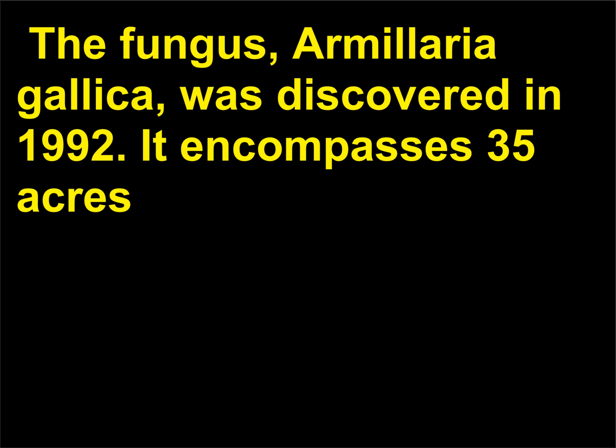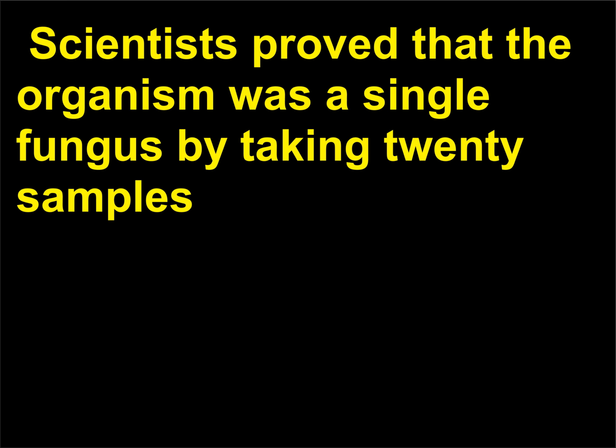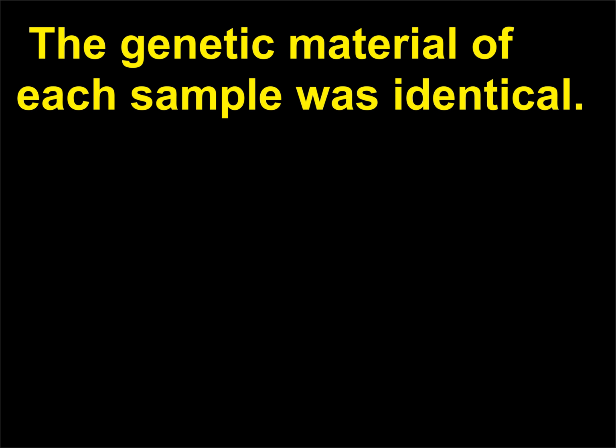It encompasses 35 acres, 15 hectares, and is thought to be at least 1,500 years old. Scientists proved that the organism was a single fungus by taking 20 samples of the fungus and performing DNA analyses on 16 fragments from each sample. The genetic material of each sample was identical.